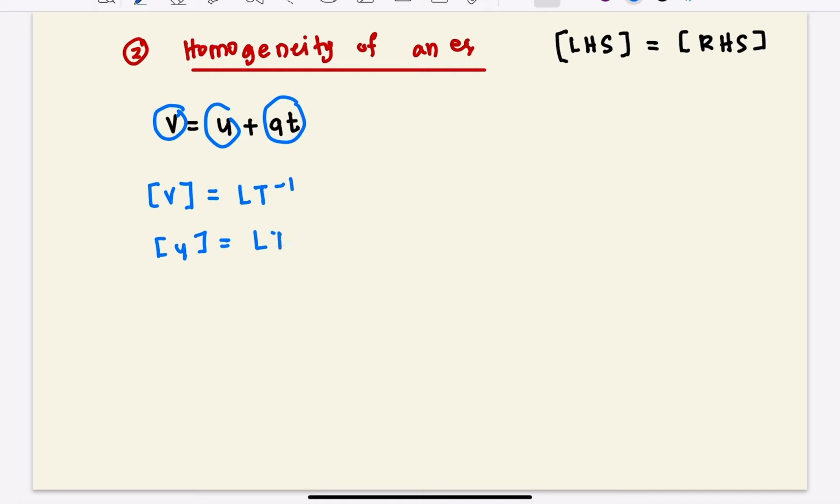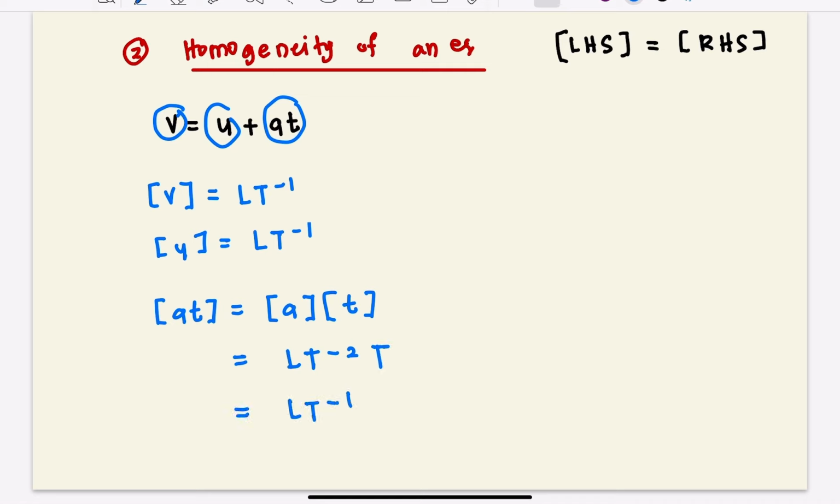It also has LT minus 1. So for AT, this one you need to show the calculation. It's A times T. The A is LT minus 2 and T is T. You simplify this, you get LT minus 1.